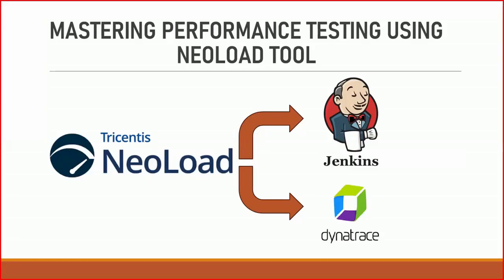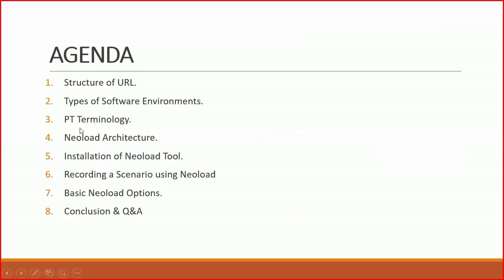The agenda for today's session is we are going to start with the structure of URL. We need to understand what the URL is and the structure of URL. Also we need to go through the types of software environments and some basic PT terminology, which I'm going to cover here.